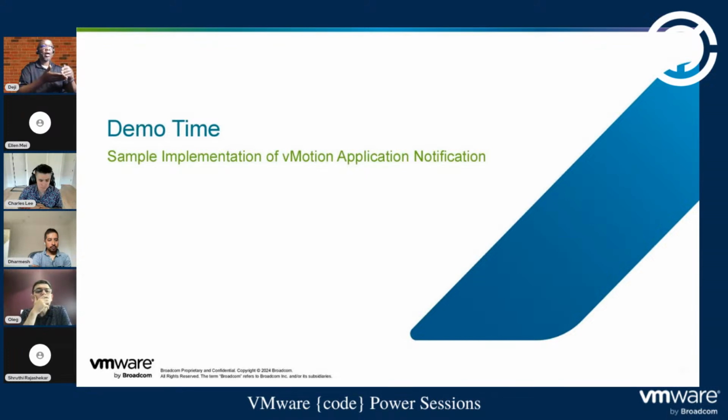We're going to show you how to enable vMotion application notification, register for notification from the application, and demonstrate how that workflow happens when a VI admin, for any reason, invokes a vMotion operation, how we intercept or trap that call, how we tell vMotion to please take a number, slow down, let's prepare this application and make it stable before you move the VM, and then how we tell the vMotion notification that, okay, we are done, go ahead, and how post the vMotion operation, we put the application back into production.